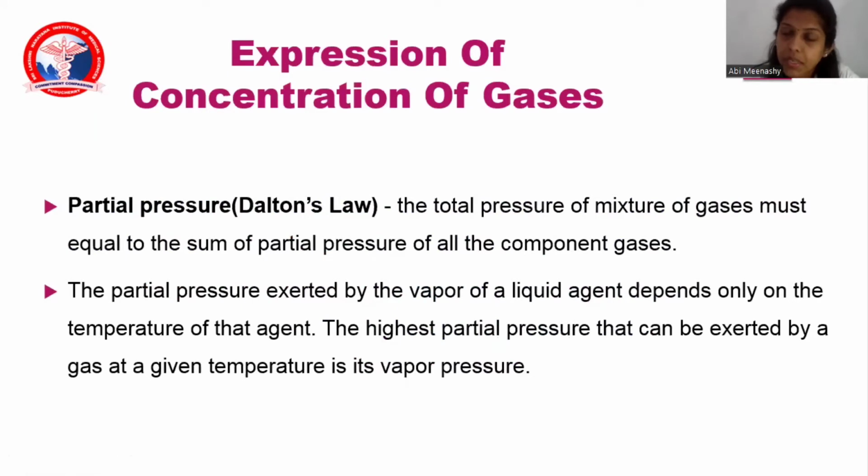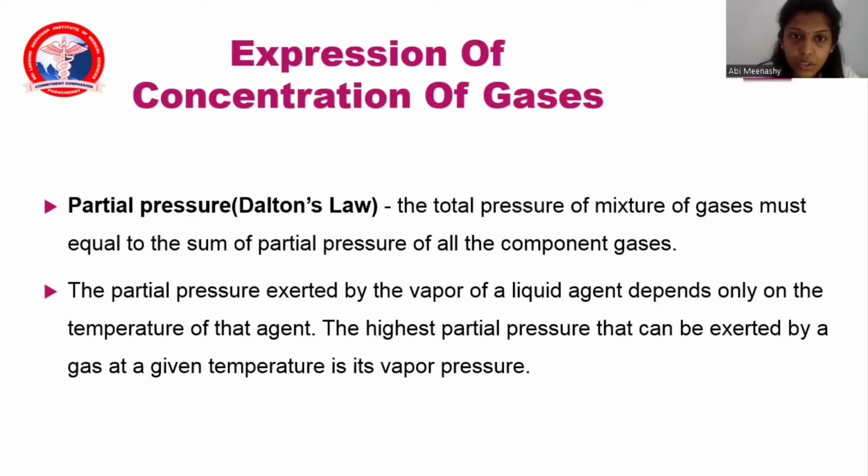Okay, how do we express the concentration of these gases? There is Dalton's law that explains it via partial pressure. Dalton's law states that the total pressure of a mixture of gases must always be equal to the sum of the partial pressures of the component gases. Consider the component gases as three: oxygen, nitrous oxide, and your agent.